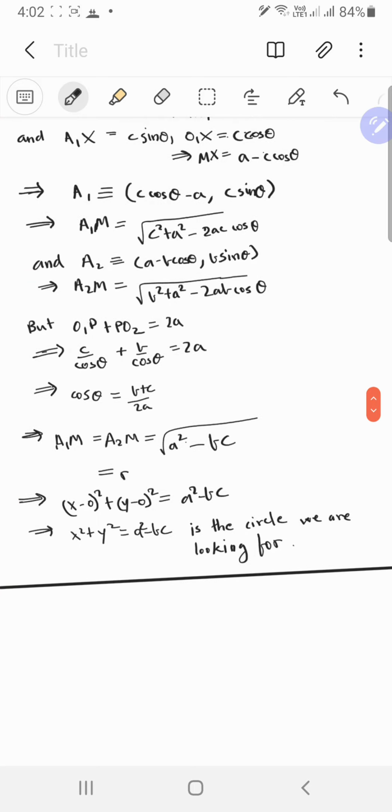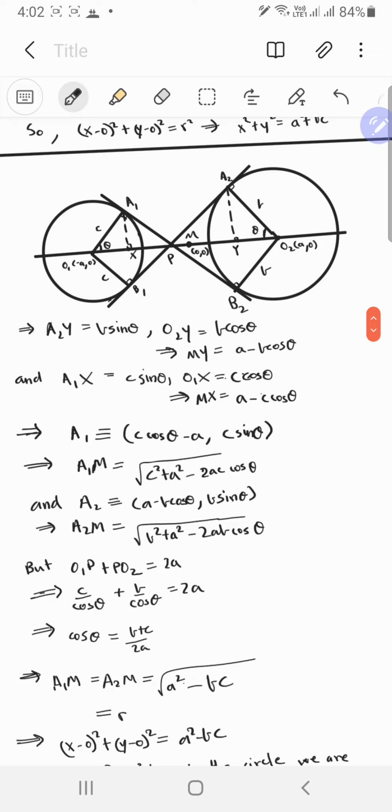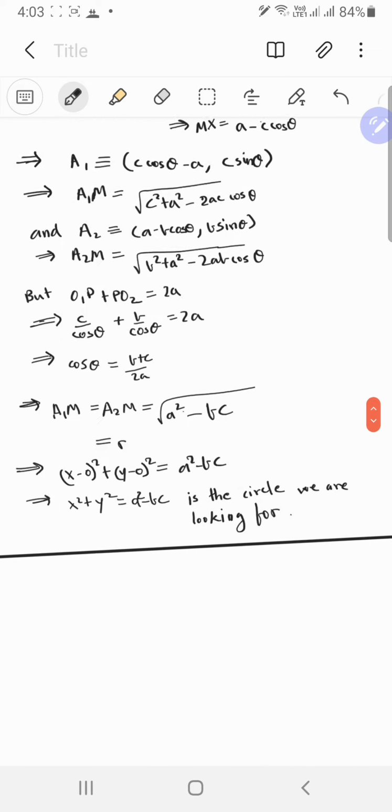So we get cosine theta equal to (b plus c) upon 2a, and inputting that value of cosine theta into A2M and A1M, we get that those two values are actually equal. So A1M is equal to A2M, which is the square root of a squared minus bc, and this is also the radius.